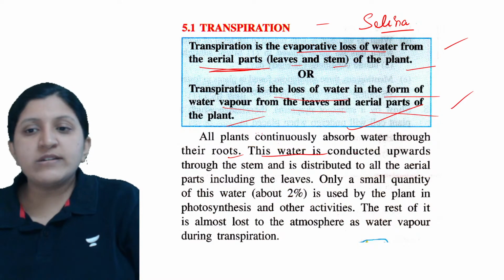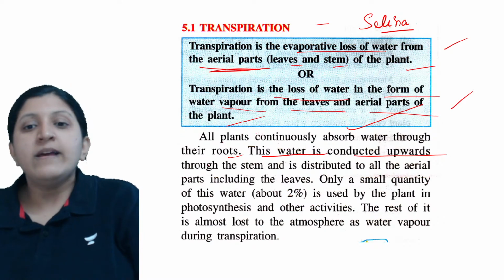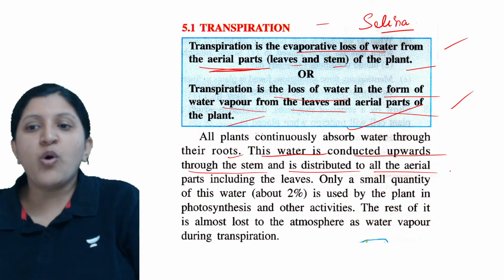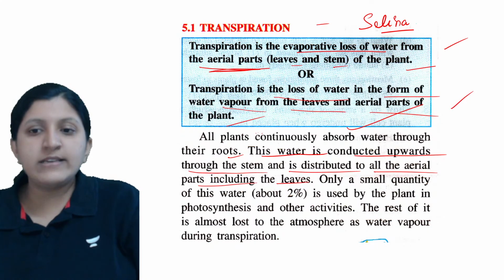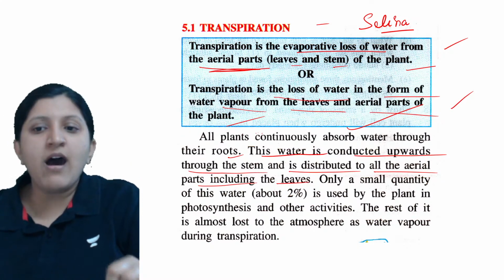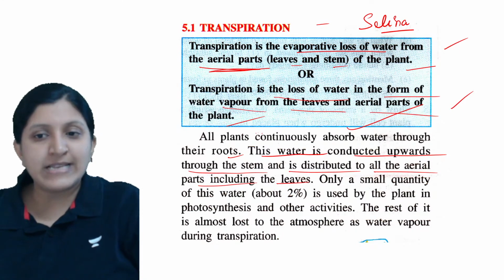This water is conducted upward through the stem and distributed to all the aerial parts, including the leaves. So all the aerial parts of the plant body are getting water because water absorption is happening.